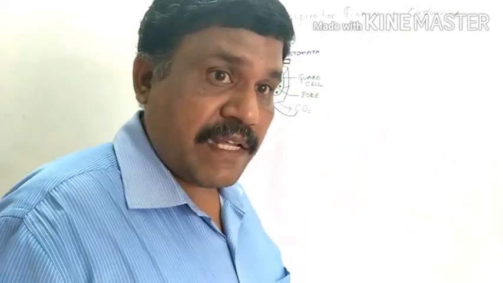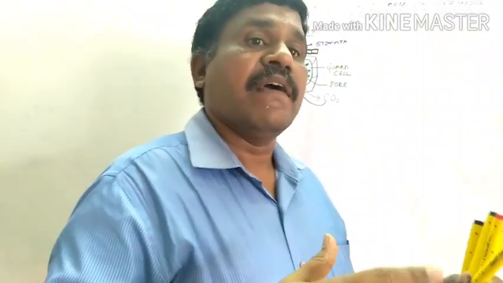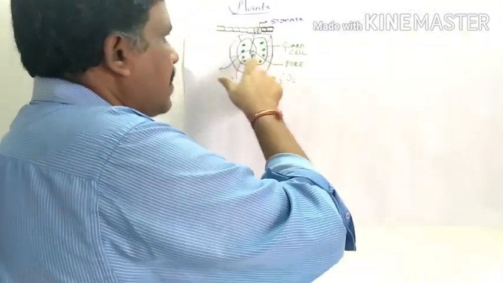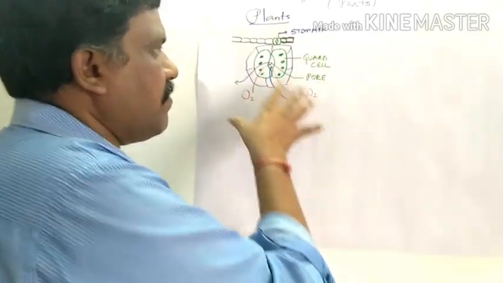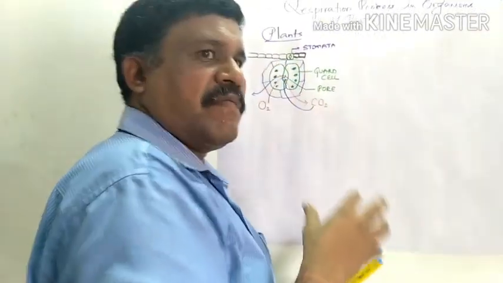So when there is no light, naturally the carbon dioxide emission will be more in the atmosphere, because the carbon dioxide is not utilized. Carbon dioxide is maximally utilized only during the daytime. So these pore-like structures, the stomata, through which the gases are entering, are one of the apparatus which play a very important role in the plants.